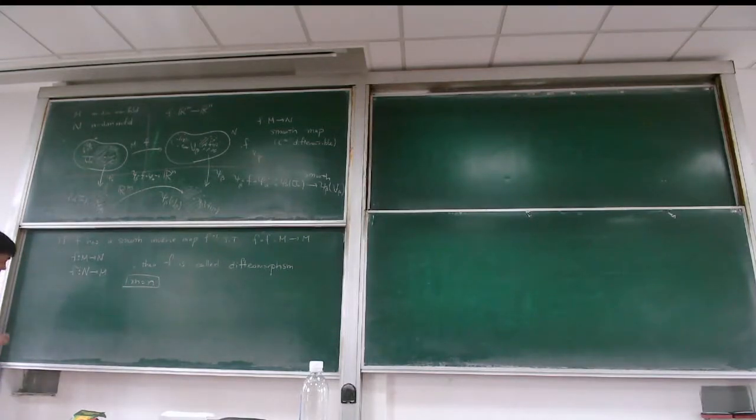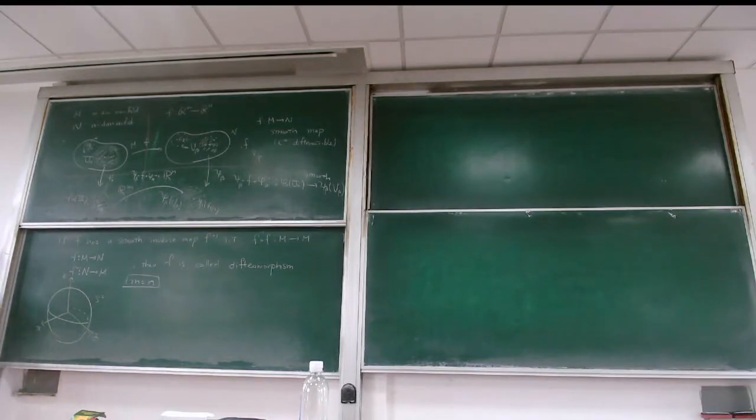So one example is you consider S2. There's an axis like this way, x, y, z.